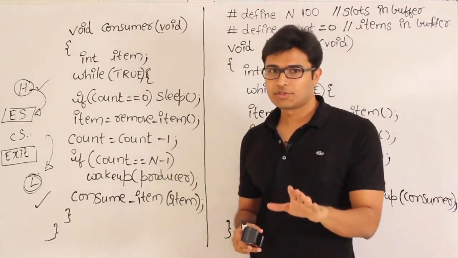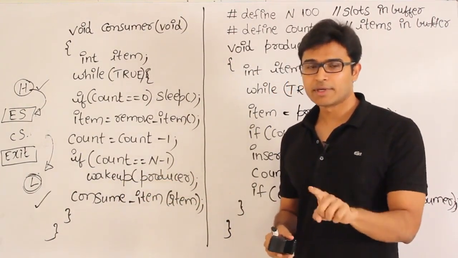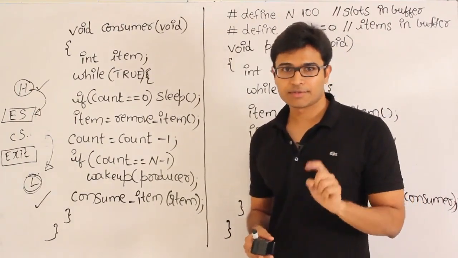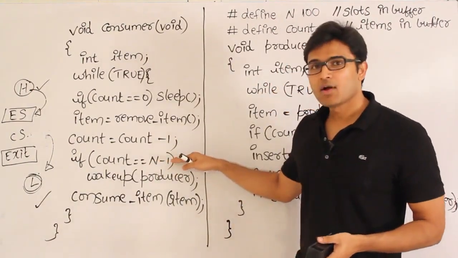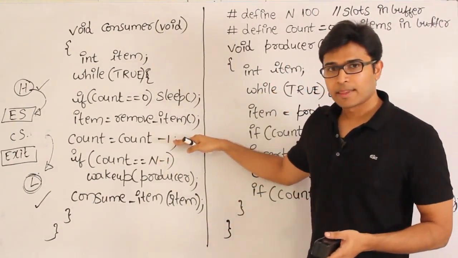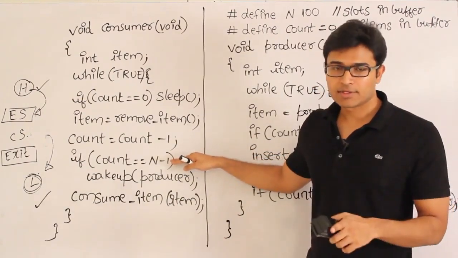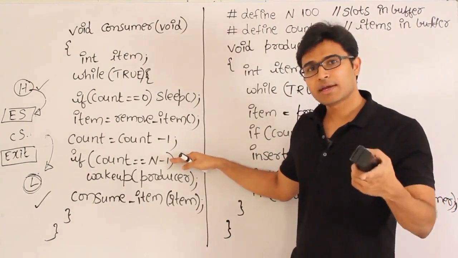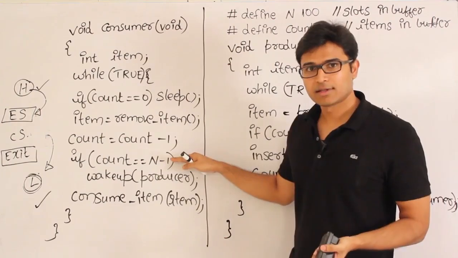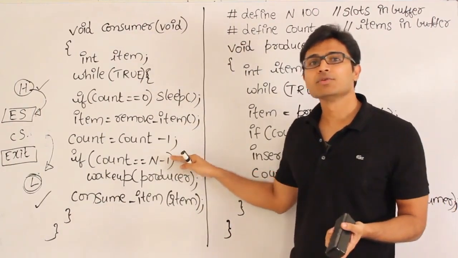See, it is not always true that a producer will be sleeping, but there is a chance. So what it means is, after consuming an item, if the current capacity is n minus 1, then definitely before consuming the item the capacity was n, isn't it? Then what is it that you are supposed to do?